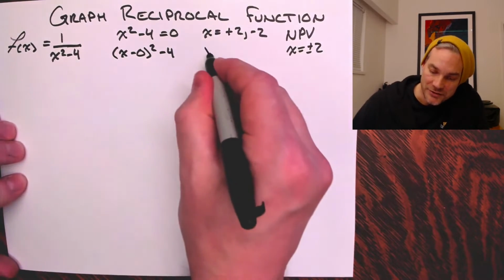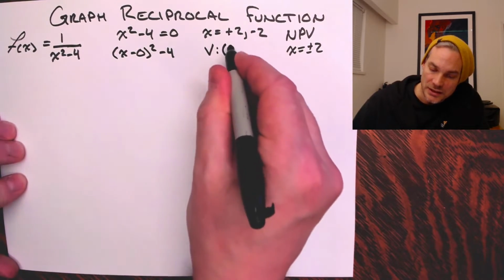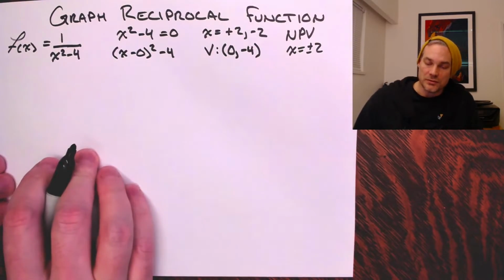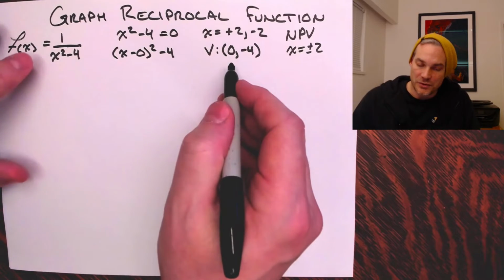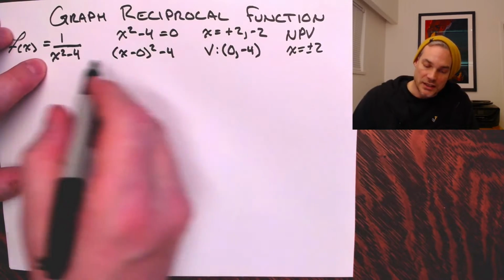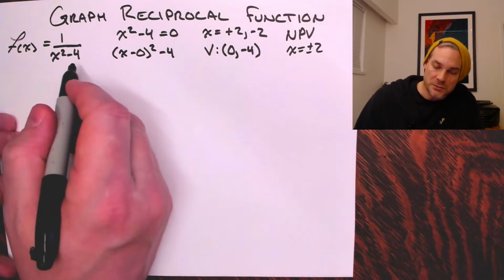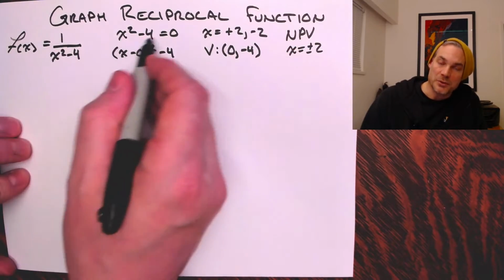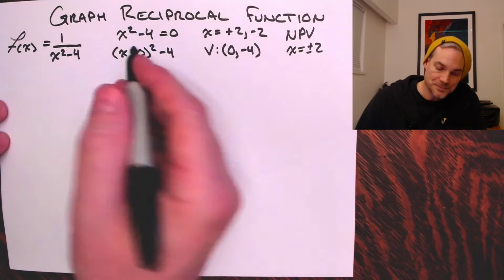So now I've found my vertex, which is (0, -4). Though these aren't the reciprocal function, they're actually important because when we graph the reciprocal, we'll notice that it is influenced by the parabola defined by this.